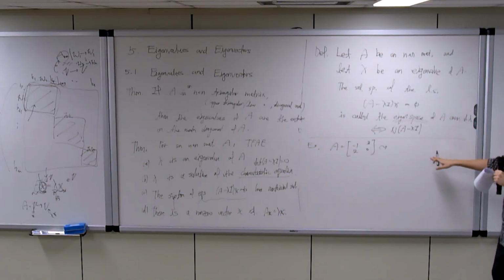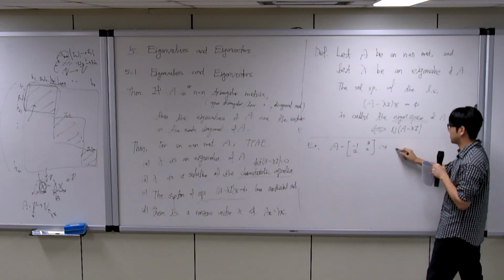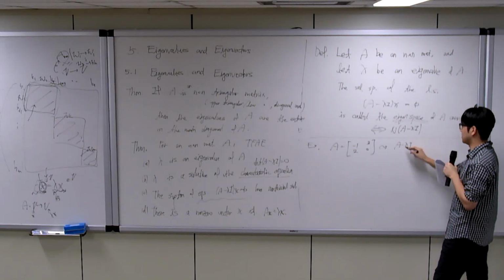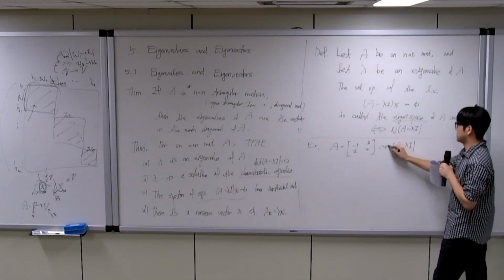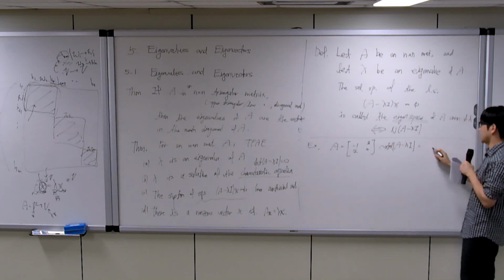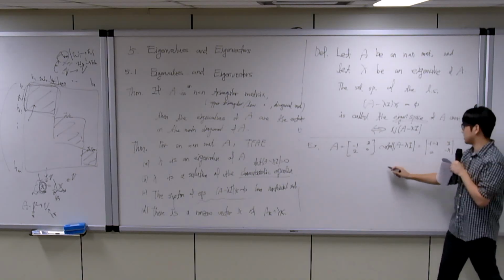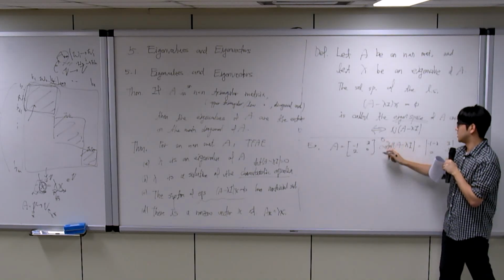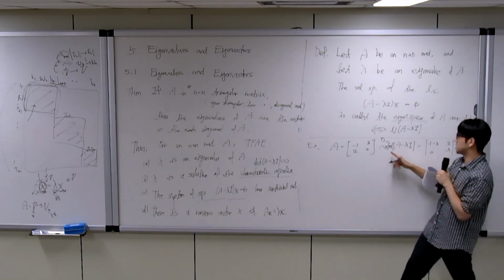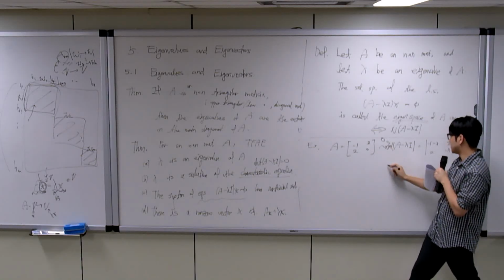Let's calculate the characteristic equation. The determinant of A minus lambda I is minus 1 minus lambda, 3, 2, minus lambda, and the characteristic equation is this equal to 0.